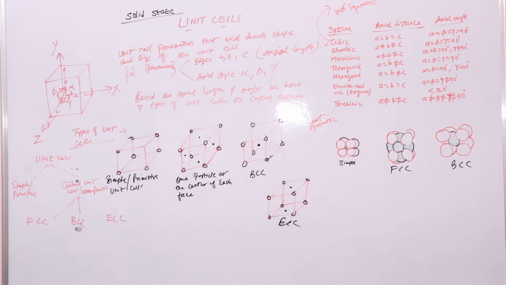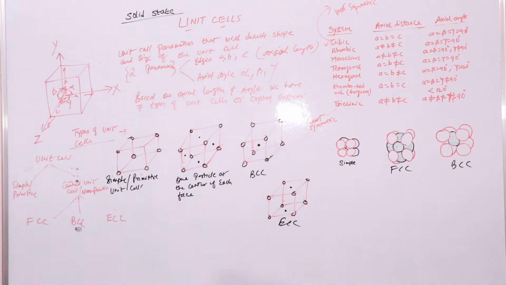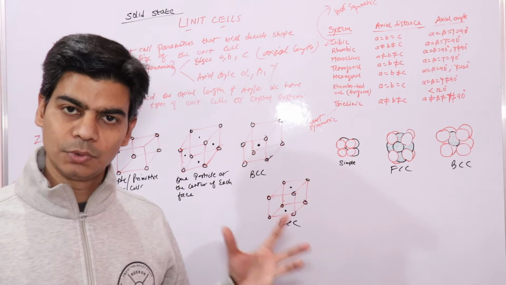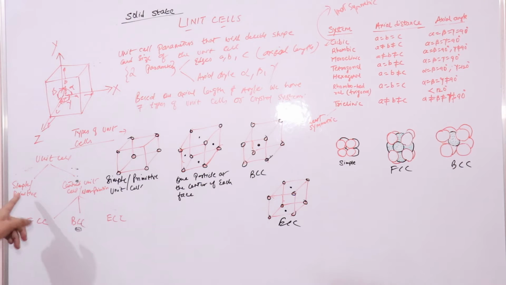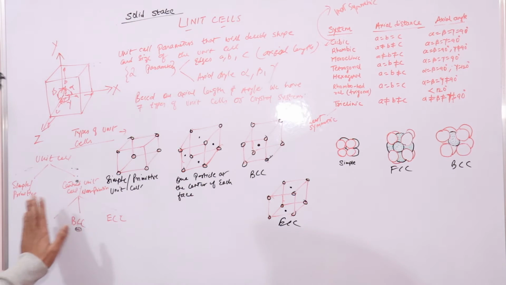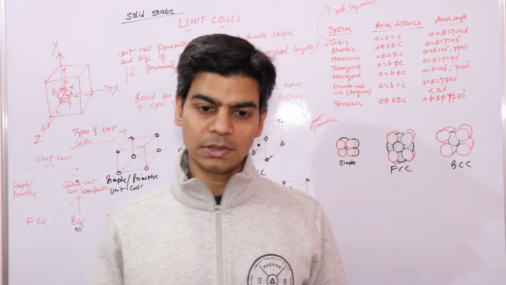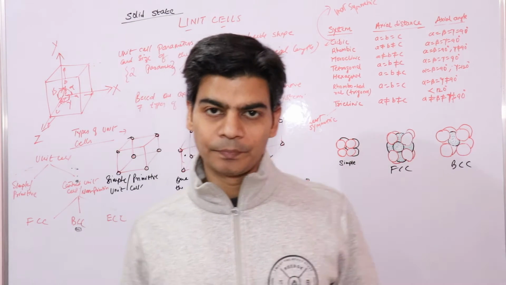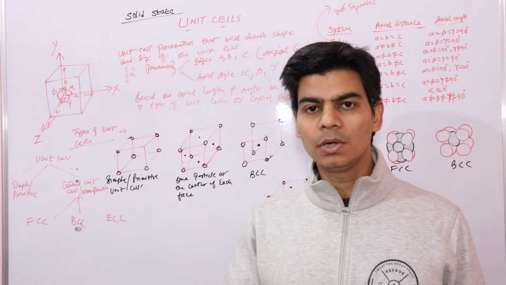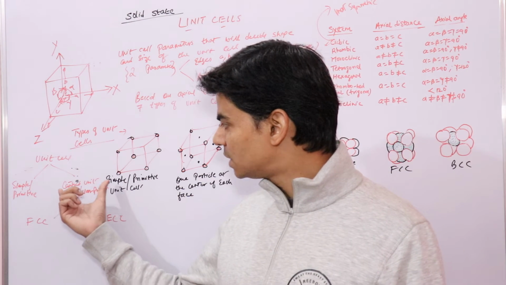Now, we have understood that there are two types of unit cell. One is the simple or primitive unit cell, in which the particles are located at the corners of the cube. The second is the centered unit cell, or non-primitive unit cell, in which a particle is also present at the center of the cube or the center of a face.